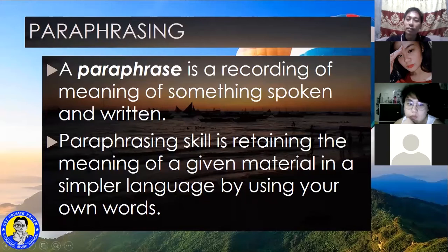And sometimes you could put in your comment by paraphrasing what you have read. So it's simply a restating of something spoken or written, like retaining the meaning of a given material in simpler language by using your own words. Okay.